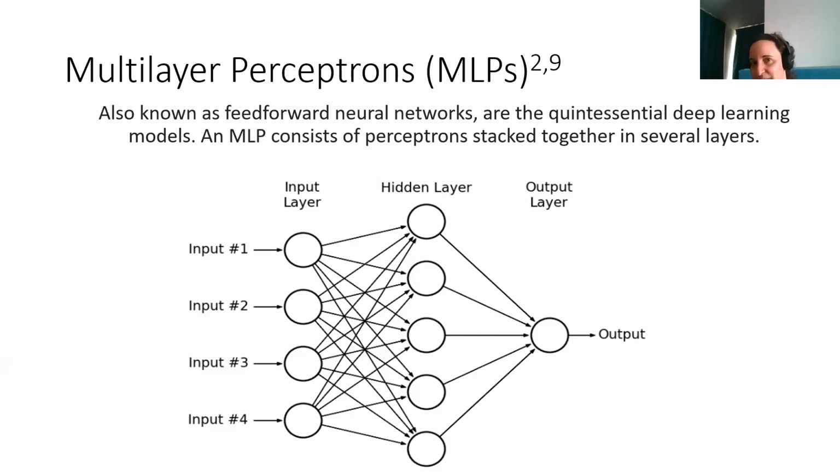The different name for multi-layer perceptrons is feed-forward neural networks, and it is the simplest and a very important deep learning model. Every multi-layer perceptron consists of a set of perceptrons that are stacked together in several layers. So all these layers are exactly what we described in the layered acyclic graph.